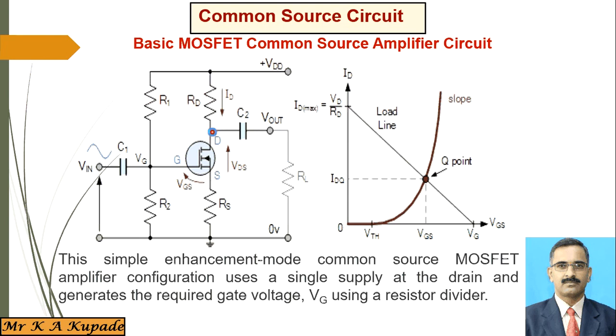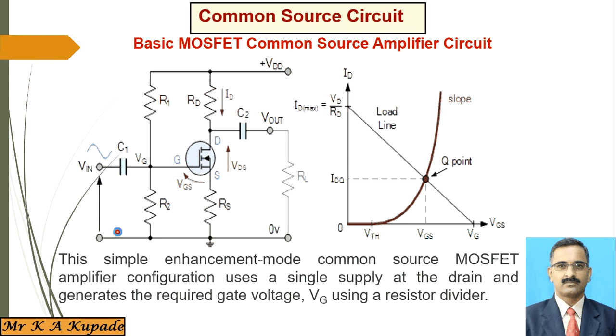At the drain terminal, by using the coupling capacitor you are connecting the load resistor RL, right? Here Vin is nothing but the signal you are applying to this device so that it can operate on it.